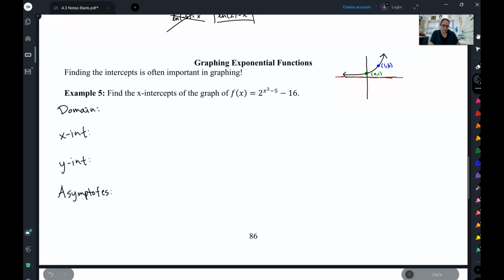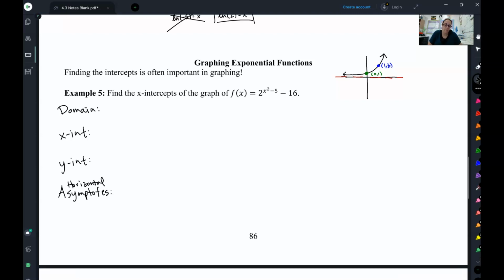So to that end, if we look at this graph, notice my asymptote. Is this exponential graph going to have a vertical asymptote or a horizontal asymptote? Definitely a horizontal asymptote. So if the equation you're graphing is an exponential, it's going to have a horizontal asymptote.